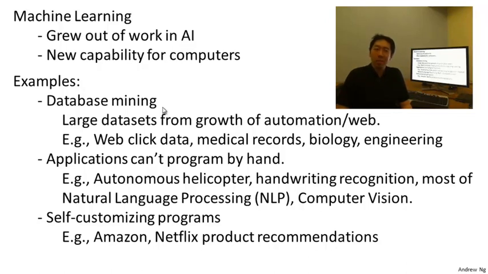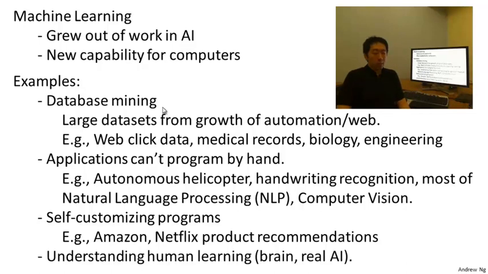The only way is to have software that can learn by itself, to customize itself to your preferences. And finally, learning algorithms today are being used to help understand human learning and understand the brain. And we'll talk about how researchers are using this to make progress in the big AI dream.